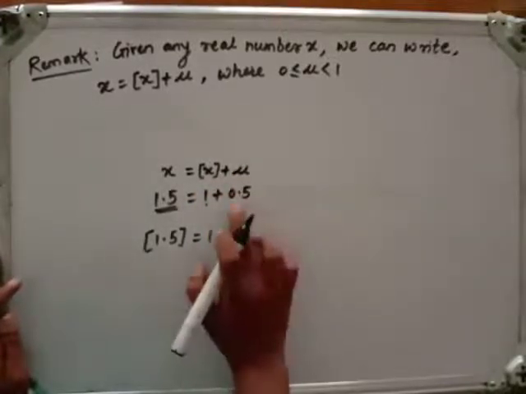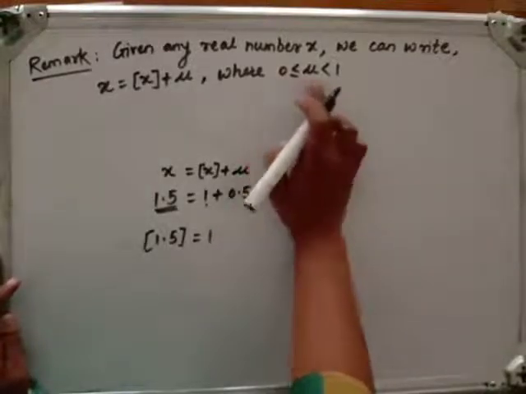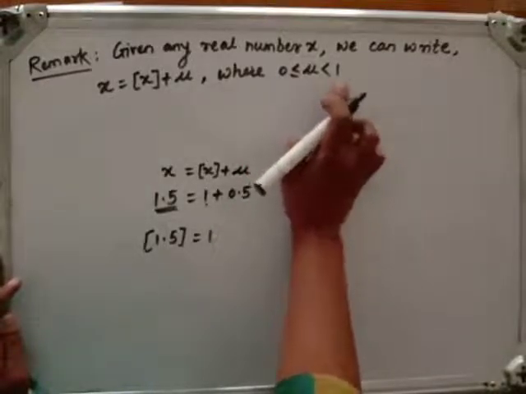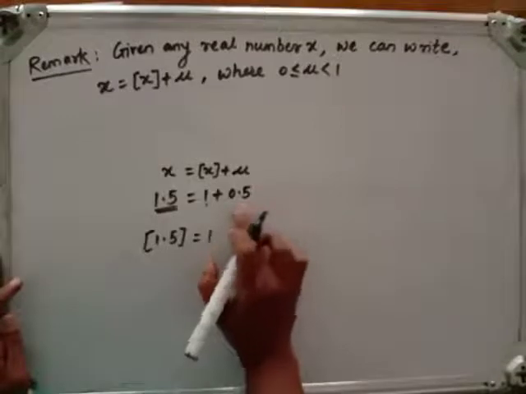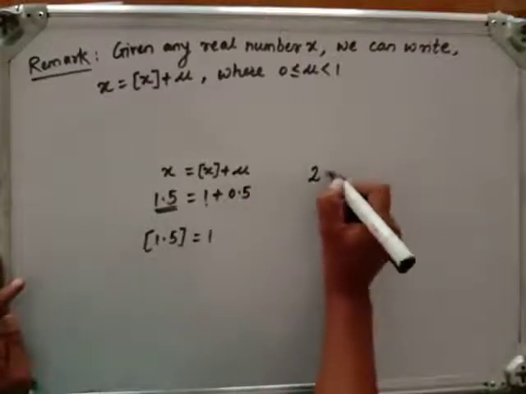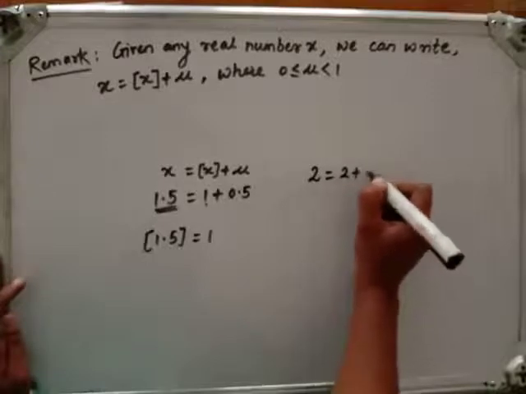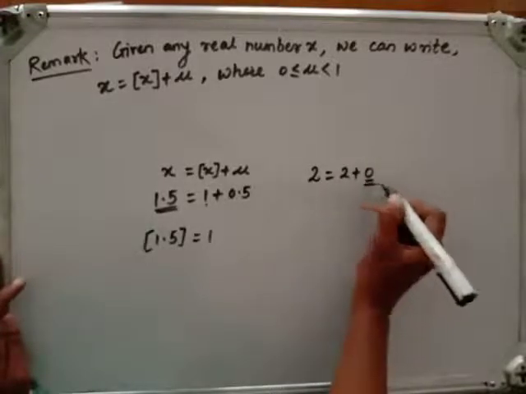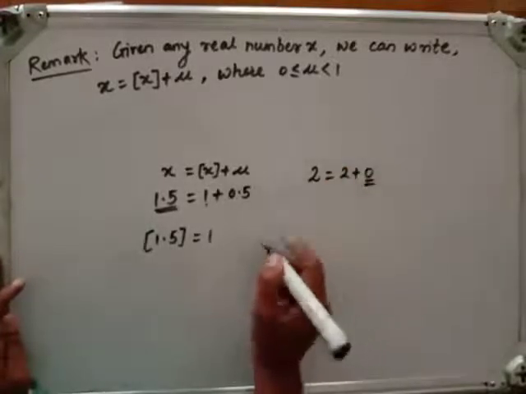So this mu is what? It is greater than or equal to 0 but less than 1. This is less than 1 always, but it may be equal to 0. If I am taking 2, then 2 can be written as 2 plus 0. That time this mu will become 0. Fine.